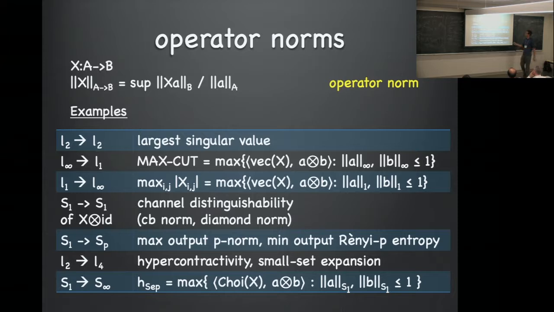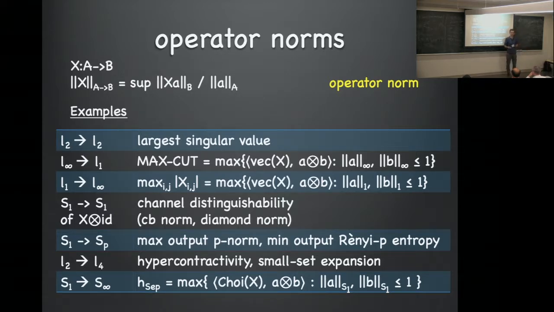One example is if you take A and B both to be the L2 norm, then this gives you the largest singular value of the matrix. That just means, if I put in a vector of length 1, what is the largest Euclidean length I can get out when I multiply by a matrix?